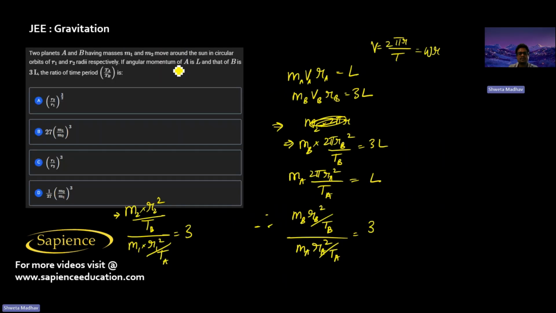So you can say that M2 by M1 into R2 square by R1 square into TA by TB is equal to 3.